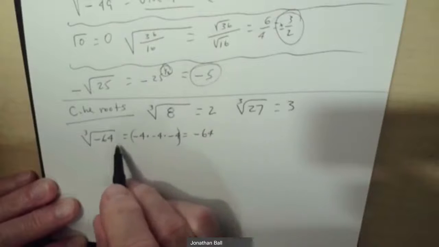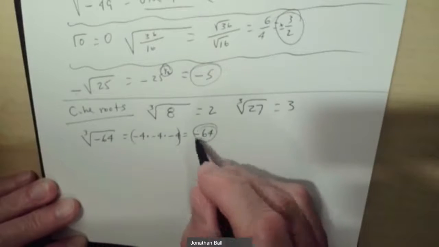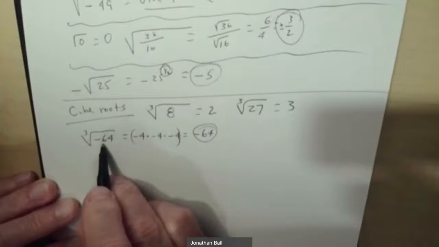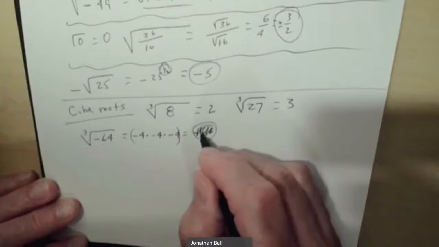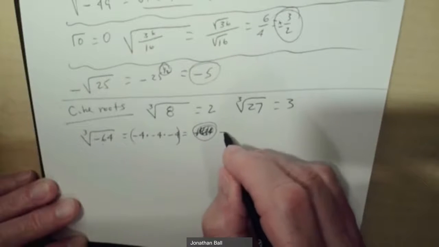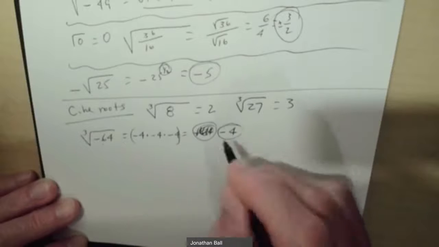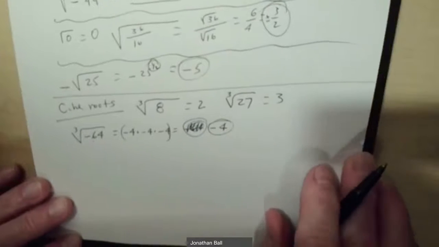So the cube root of negative 64 is not 64, it's negative 4.